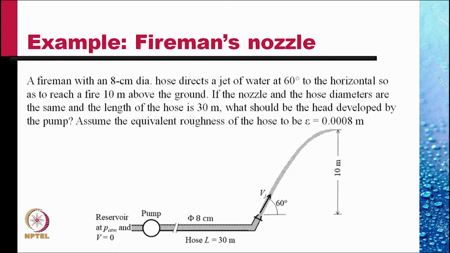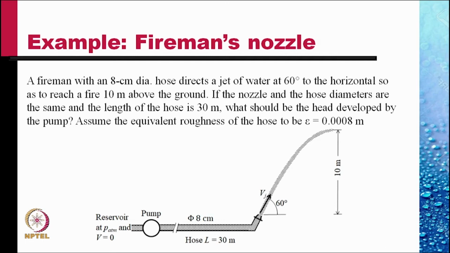Now, the head required by the pump is for two purposes. One is to give the jet of water enough velocity so that it can reach a 10-meter height. And the second part of the head required is to overcome the losses in the 30-meter length of the hose.